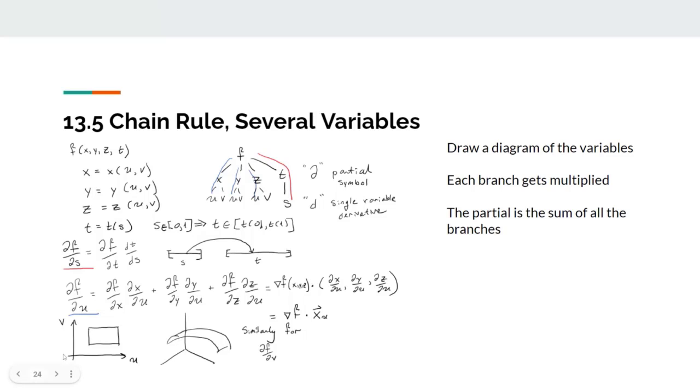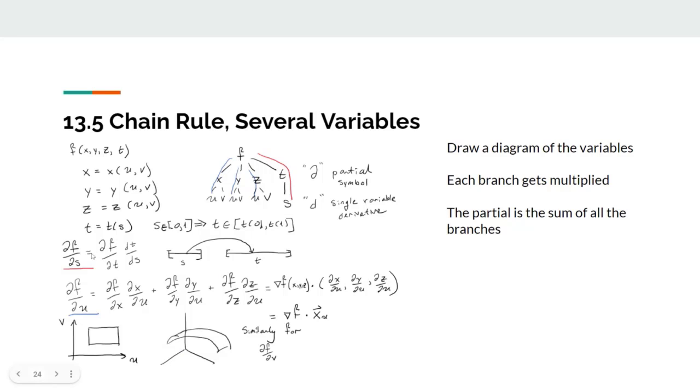Down here, we have this UV region in R2. This UV region in R2 maps to this surface in R3, and then f is also a function of t, so it could change with time.